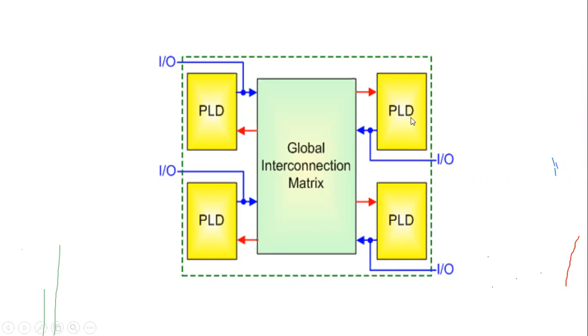After implementing the individual PLDs, we connect these 4 PLDs by using the global interconnection matrix. Then after doing this, what happens? These full adders are all connected, and this acts as a parallel adder.